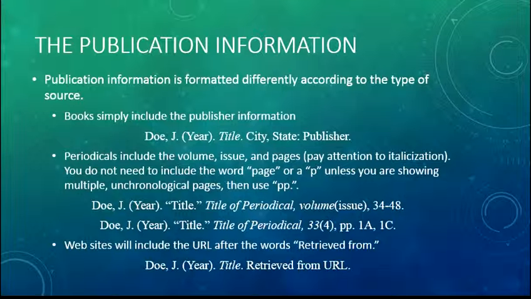Okay, so you can see that you have your author, your year, your title, and then the words retrieved from, and then you'll have the URL or the HTTP and that whole list. Okay, do include the entire URL. That way your audience can click on it and read it immediately.